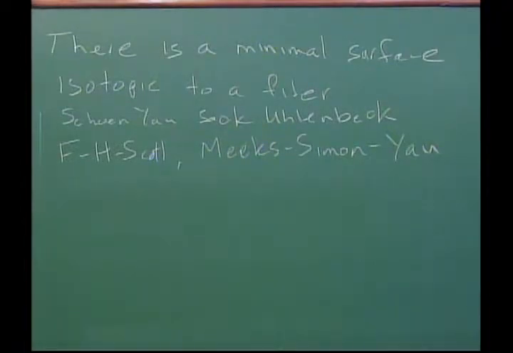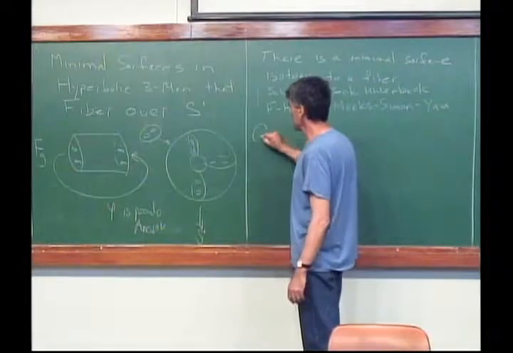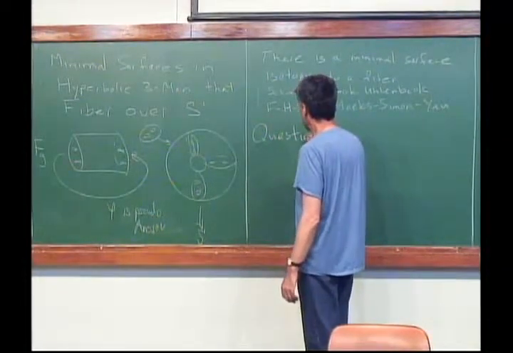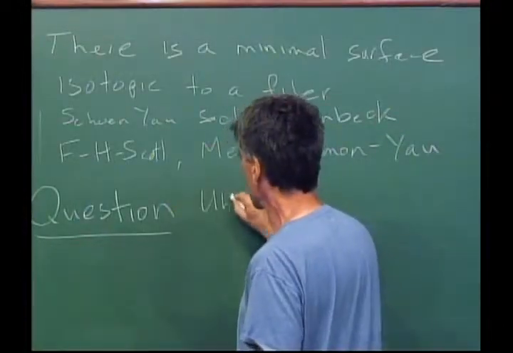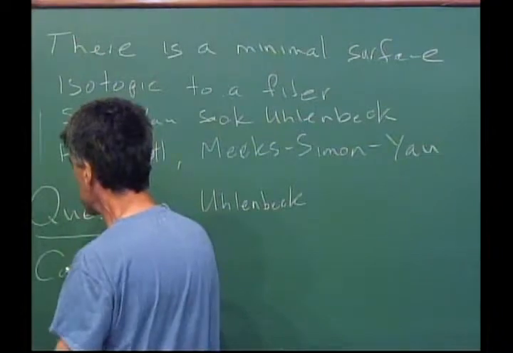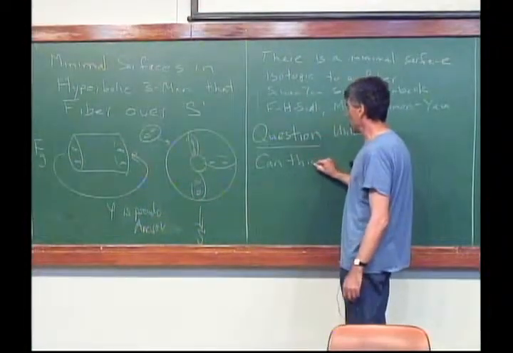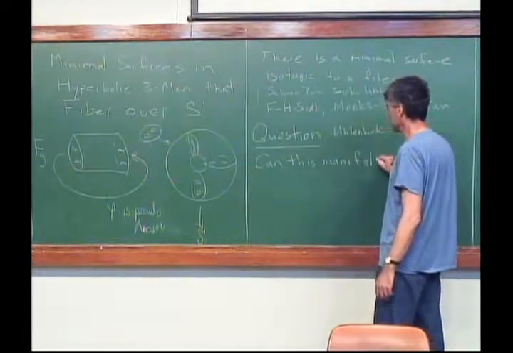So we knew that one of the fibers is embedded, and the question, which I believe was first asked by Uhlenbeck, is: can this type of manifold be foliated by minimal fibers?